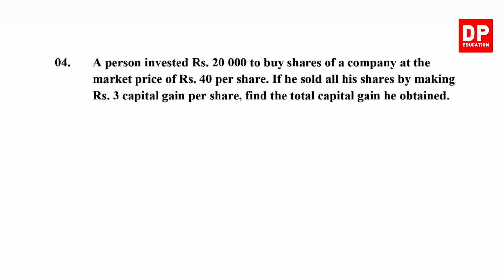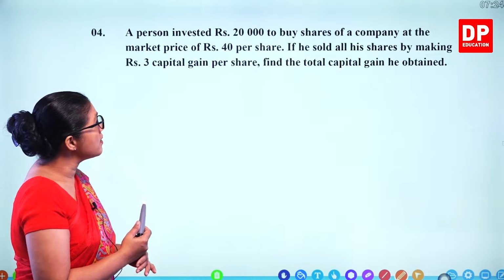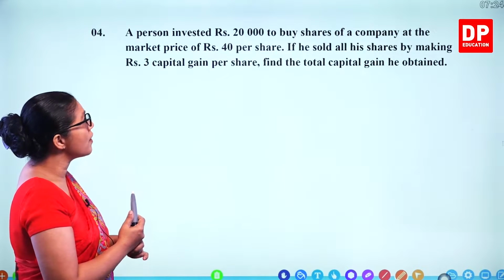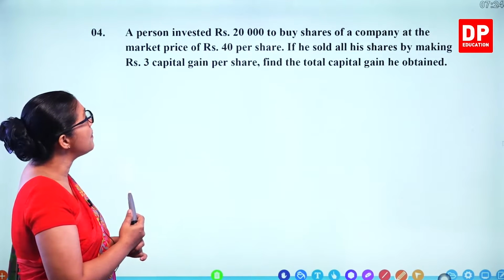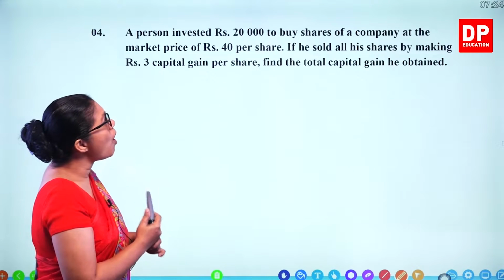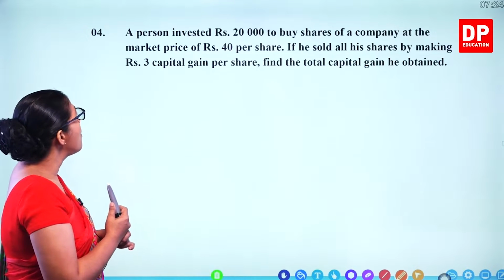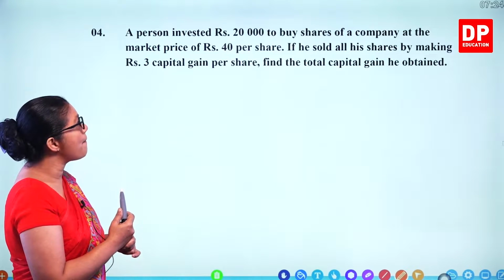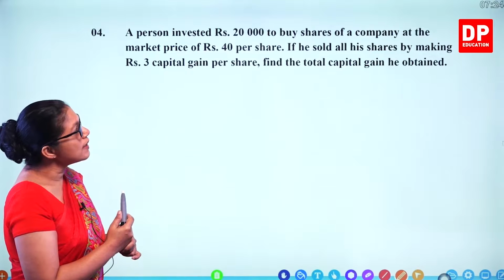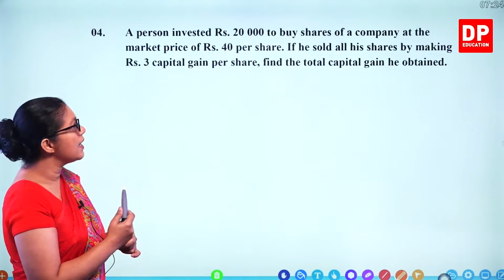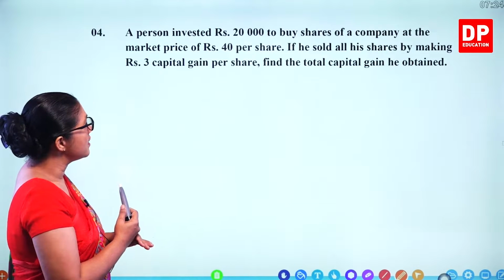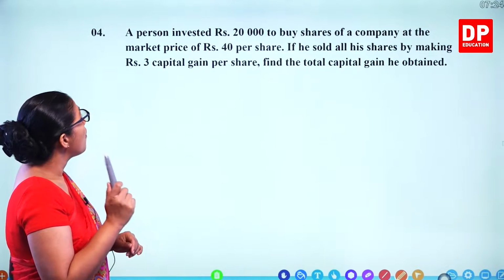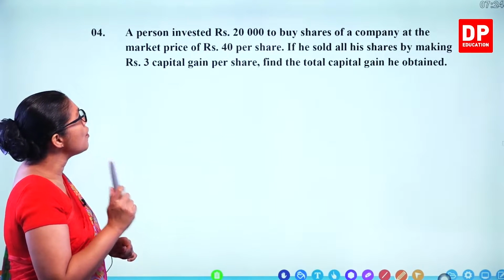Question number 4. A person invested 20,000 rupees to buy shares of a company at the market price of 40 rupees per share. If he sold all his shares by making 3 rupees capital gain per share, find the total capital gain he obtained. So what's the amount he invested? 20,000 rupees, and what's the market price? 40 rupees.